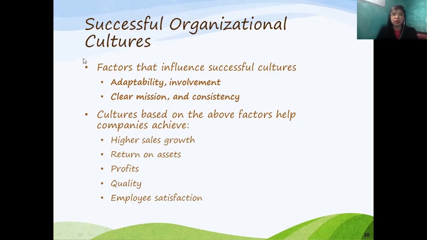So we are more conscious about our safety nowadays. So we are adaptable. And then also one of the factors is clear mission and consistency. And then based on the above factors, they help companies achieve higher sales growth, return on assets, okay, profits, quality, and of course, employee satisfaction.